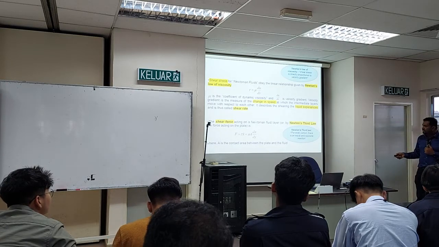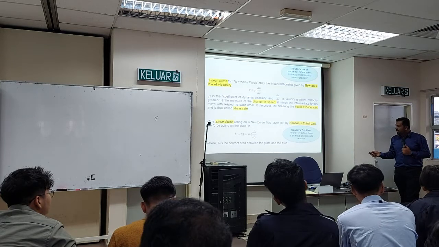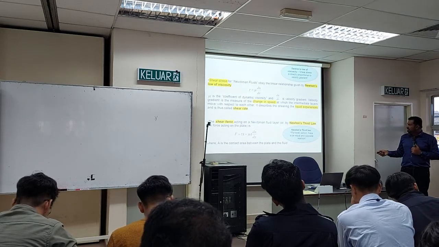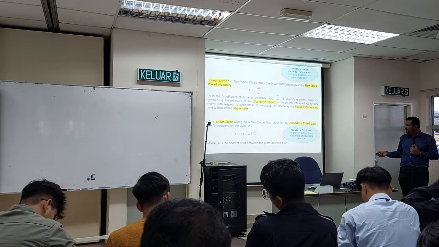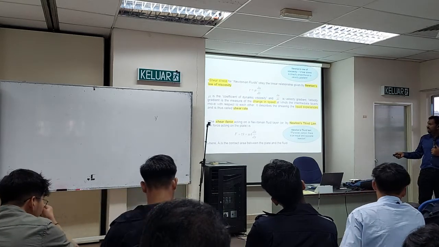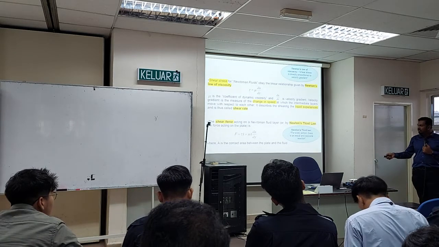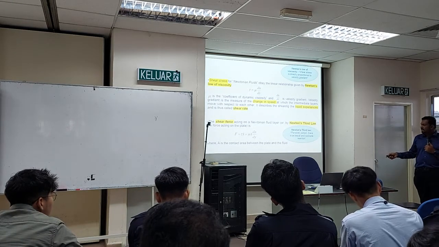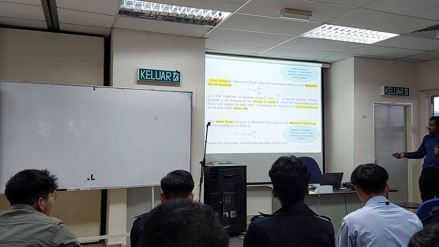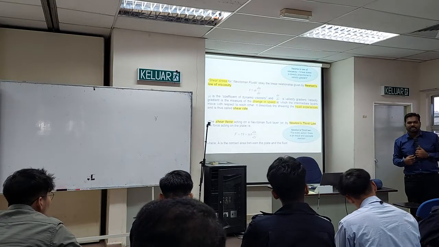And we have shear force acting on a Newtonian fluid layer. Newton's third law: for every action, there's an equal and opposite reaction. So shear force is fulfilling Newton's third law. Apa formula dia? Ingat lagi tak?